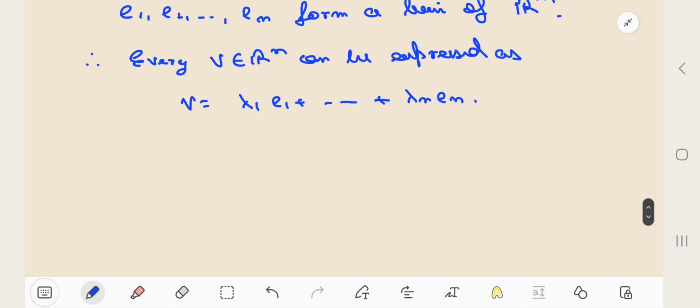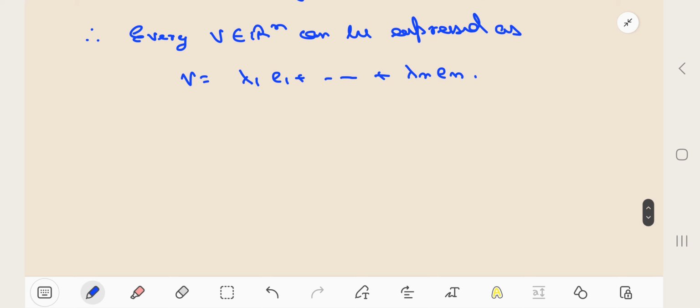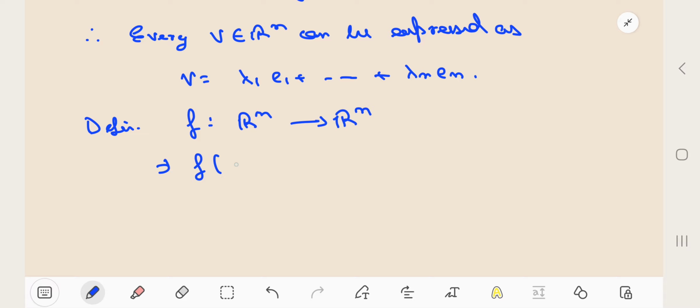Okay. Now observe that we define a function f from Rn to Rn, and how do we define that function? Such that f takes an element which is an arbitrary linear combination of these Ei's and just sends it to the coordinate vector lambda 1 till lambda n.